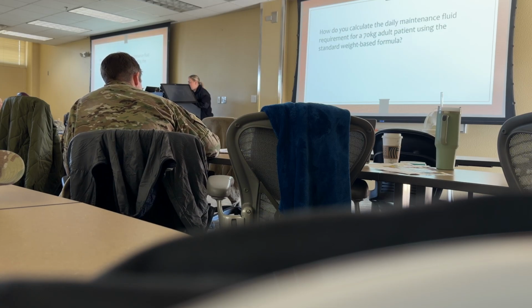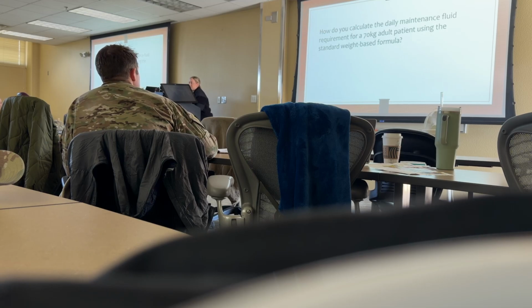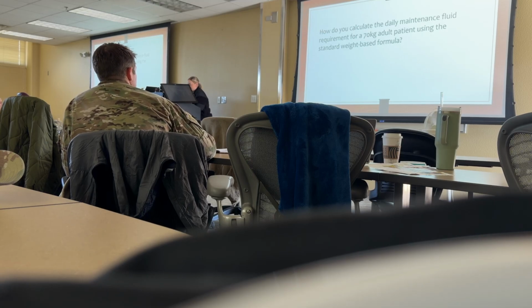Good. How do you calculate daily maintenance fluids requirement for a 70 kilogram patient using the standard weight-based formula? What is that formula? Yep, 30 mils per kg per hour. Okay, so if you have a 70 kilogram patient, what is the rate per hour? What do you think?